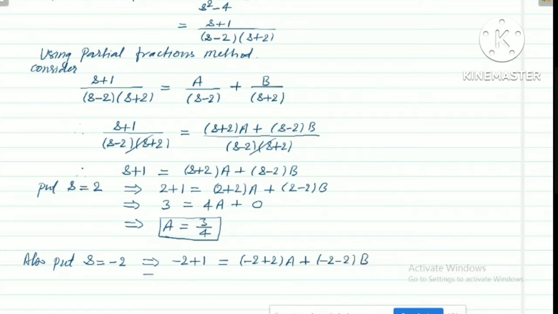So this implies minus 2 plus 1 is minus 1, and this is equal to minus 2 plus 2, which is 0, and minus 2 minus 2 and minus 2 here will be minus 4 b. So from this you will get b equal to 1 by 4.